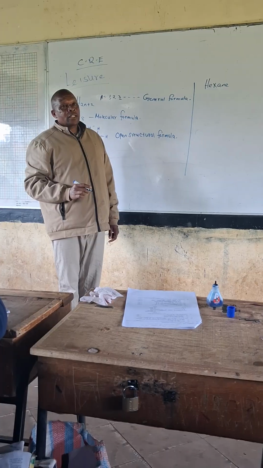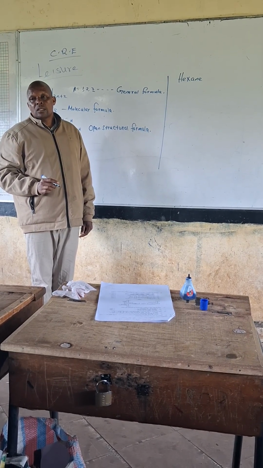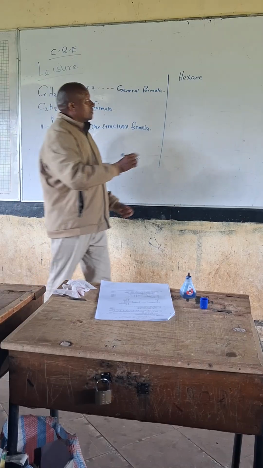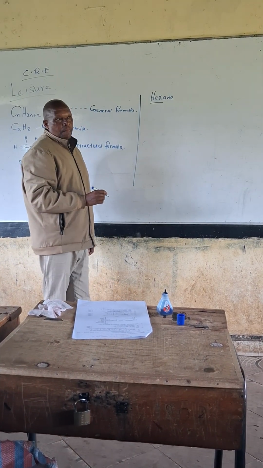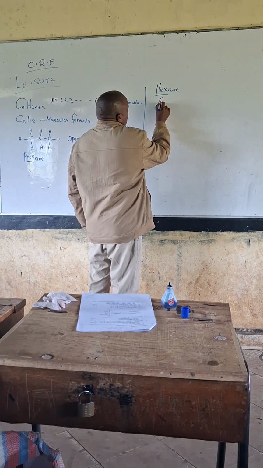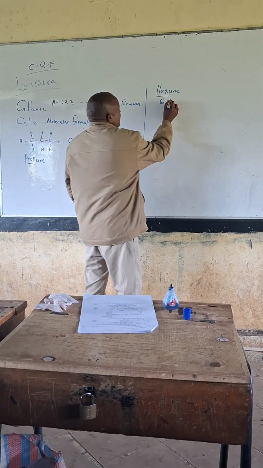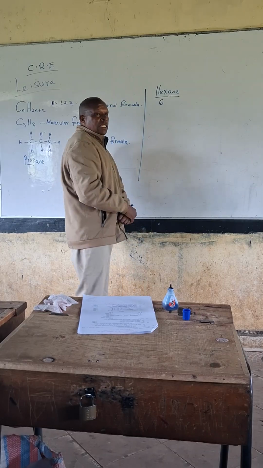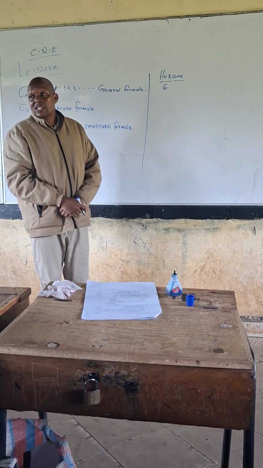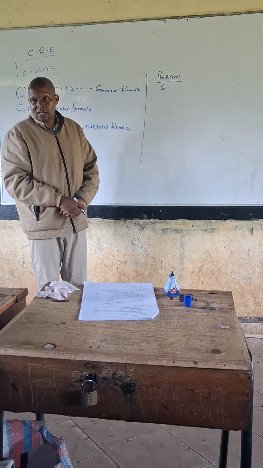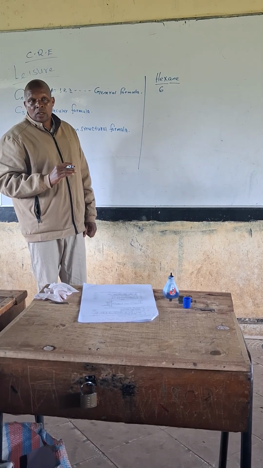Now, hex is the prefix for how many carbon atoms? 6. So because of the prefix hex, the alkane will be having 6 carbon atoms. And then the suffix is ane, indicating that we only have single covalent bonds in the structure. Single covalent bonds alone.